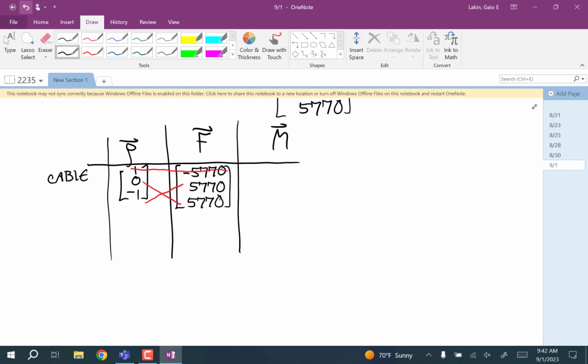Okay, so 5770 for the x component. For the y component, cross out the middle ones. It's 1 times 5770 minus negative 1 times negative 5770. So that gave us a negative 5770, and then because y is the messed up one always, this comes out to be positive.